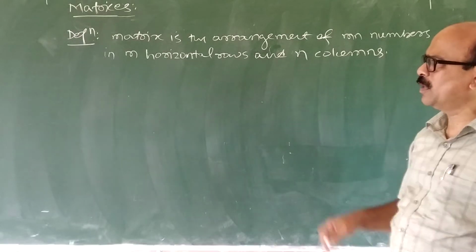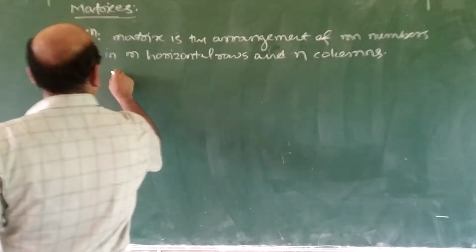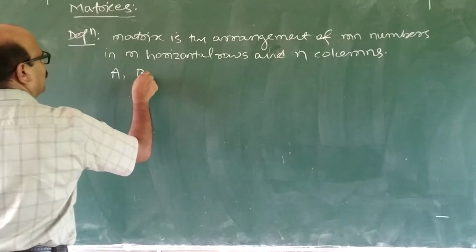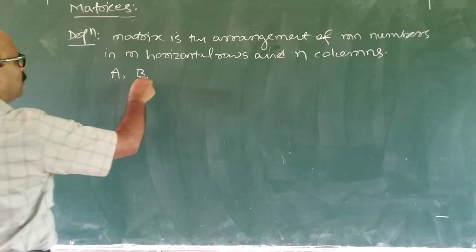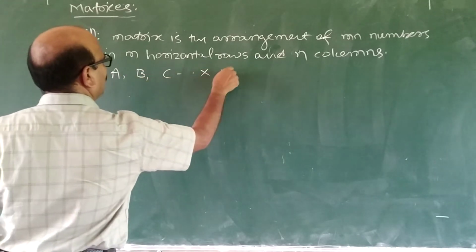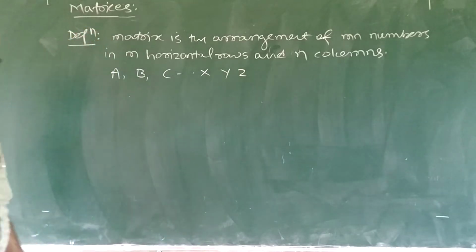It is an arrangement of numbers, and they are denoted by the upper case letters of the English alphabet, A, B, C, X, Y, Z. They are the notation.